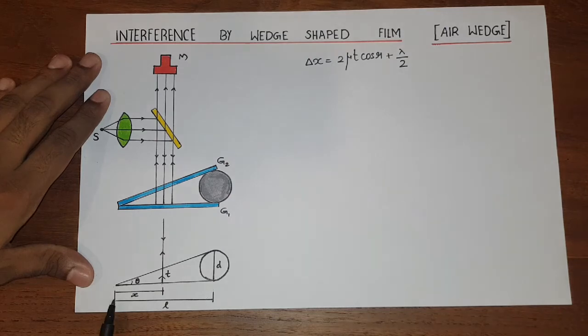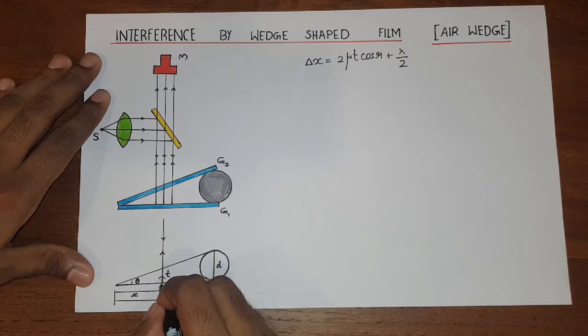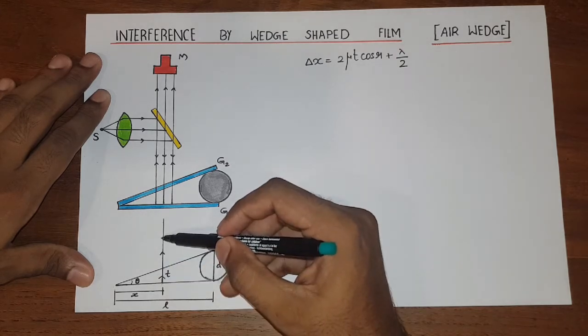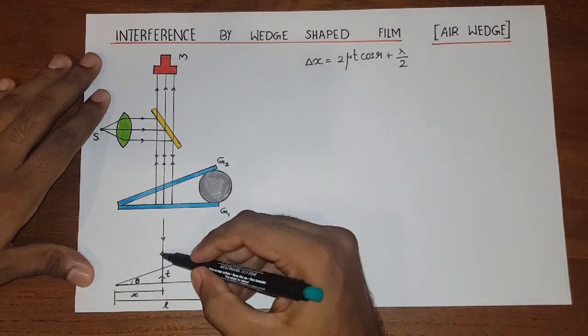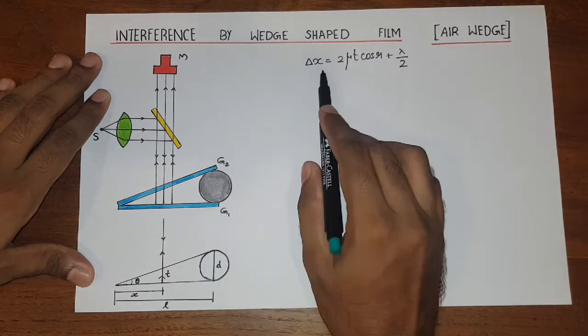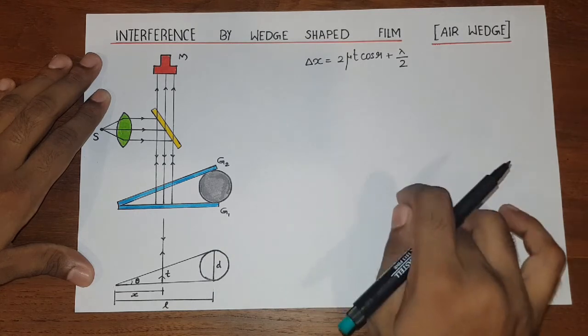That is why I have drawn a distance here which is marked as x. At whatever position, maybe just here we are getting a bright spot because of the constructive path difference. Just near that maybe we will get a destructive spot, and just after that we will again get a constructive spot. We will see how that happens.